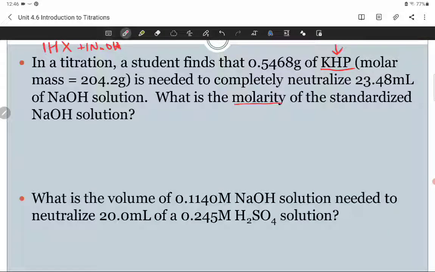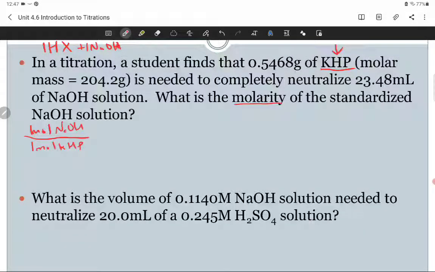So you don't have to start where I started, but I am going to start with what I want in my answer. I need molarity, which is moles of NaOH divided by liters of solution. So I know that in 1 mole of sodium hydroxide, there is 1 mole of KHP.